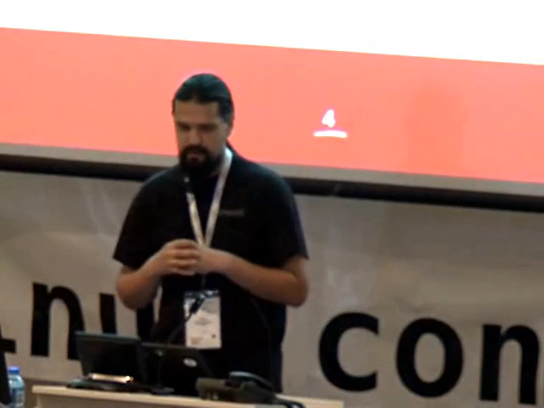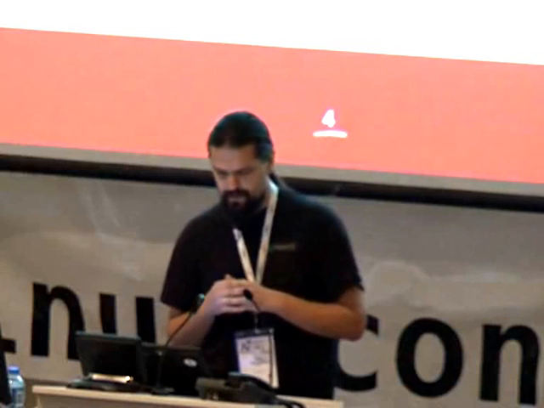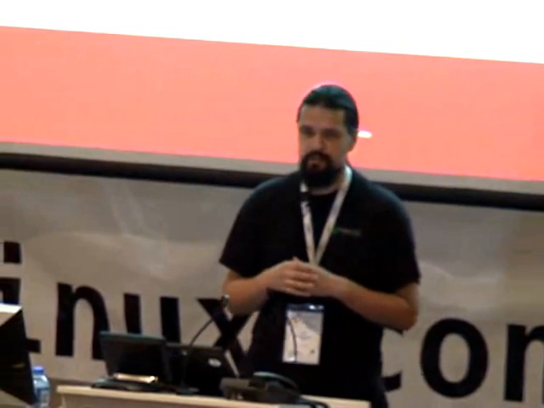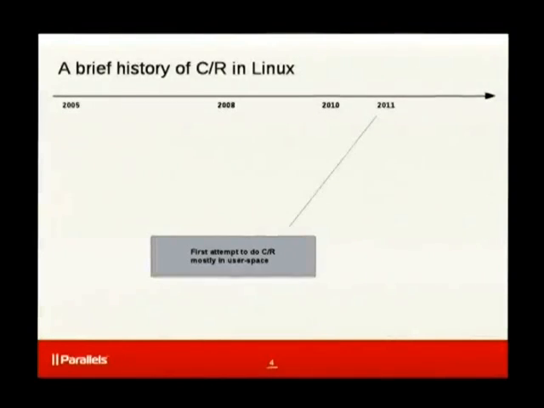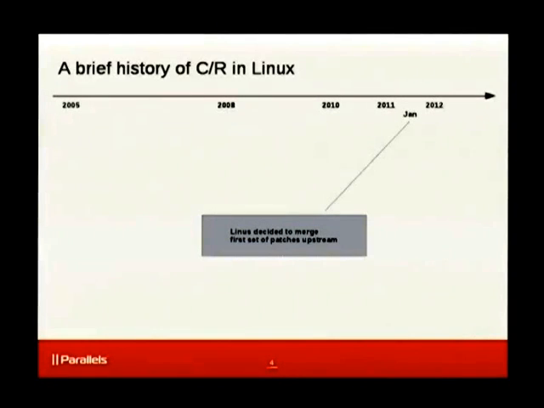Quite soon after that, we decided to try doing checkpoint restore in user space, using the existing kernel APIs to read the state of the applications and to restore it later. However, while doing this, it turned out that some additional support from the kernel is required.